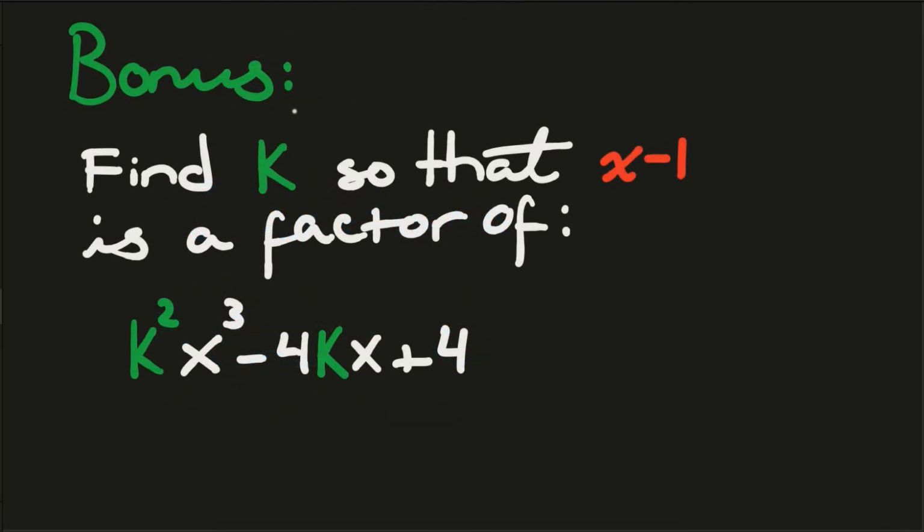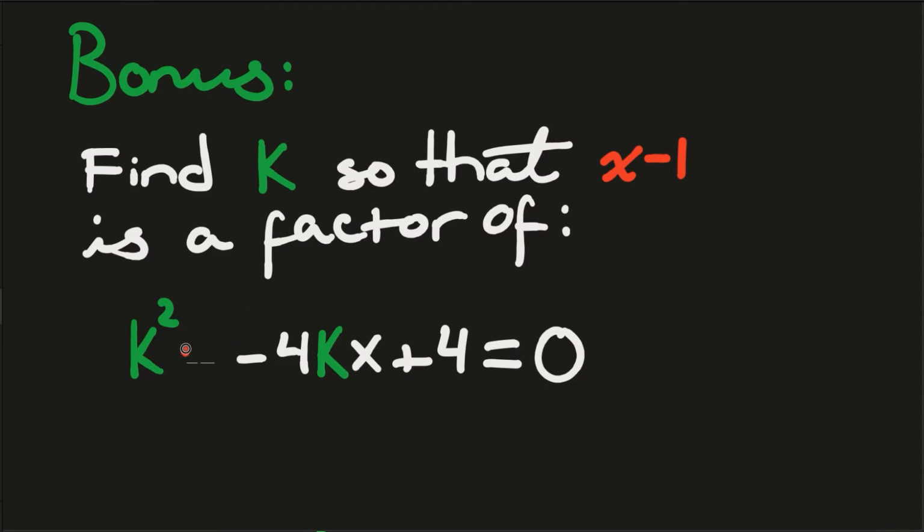Here we have a bonus question in which we're asked to find the value of k so that x minus 1 is a factor of the expression k squared x cubed minus 4kx plus 4. If x minus 1, which is a linear term, happens to factor perfectly out of this expression, it would mean that the remainder equals 0 when we substitute in 1, which also makes this equal to 0. So let's go ahead and do that.